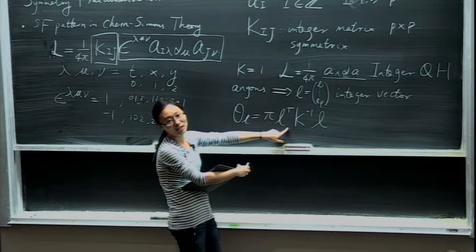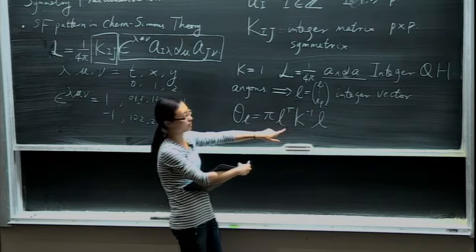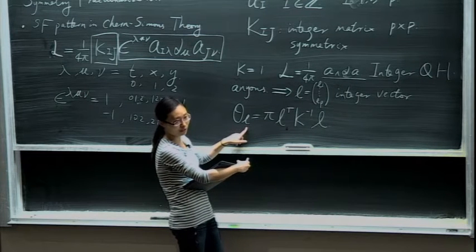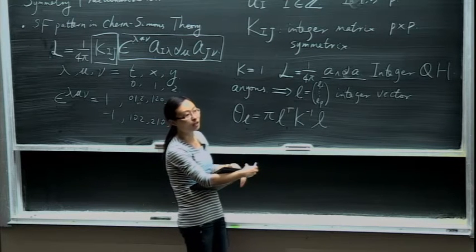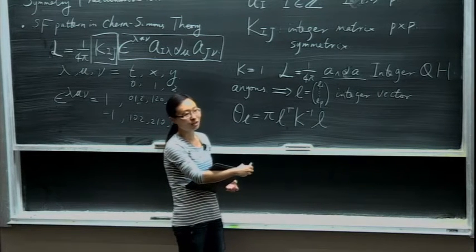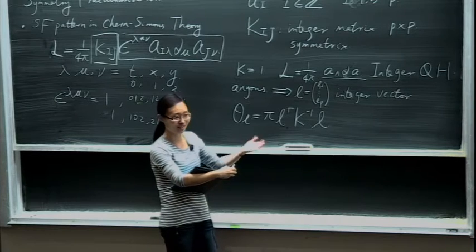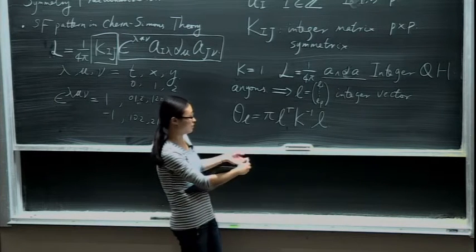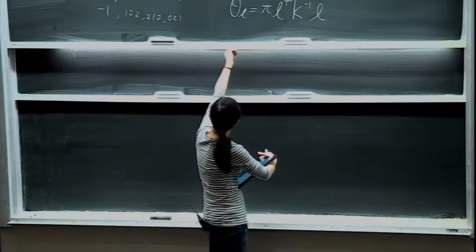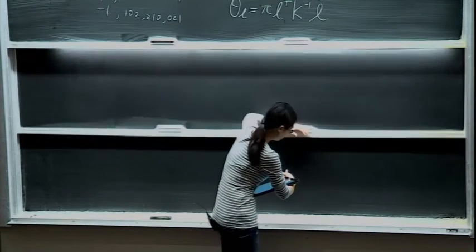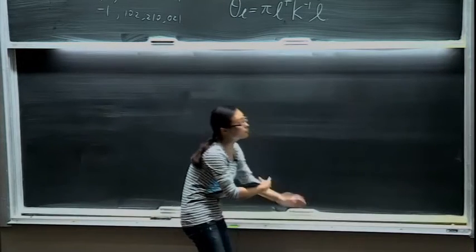And pi is the exchange statistics of a fermion. So the L equal to 1 vector just corresponds to the electron in the integer quantum Hall system. And there are no other fractional particles in the integer quantum Hall because it is a non-fractionalized quantum Hall system. Okay. So this is self-statistics.